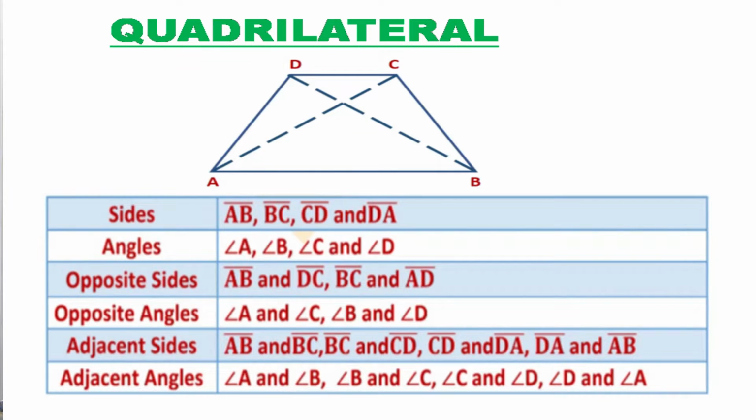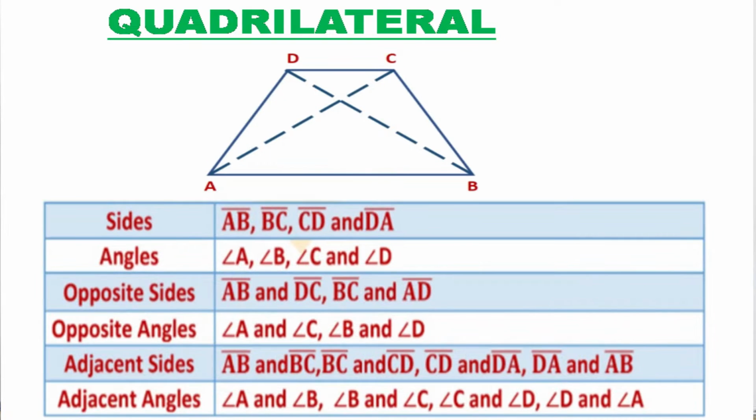Let us see the second figure. The name of the quadrilateral is ABCD, and let us name the sides. The sides are AB, BC, CD and DA. And because they are line segments, we have used the symbol for line segments to denote the sides. The 4 angles are angle A, angle B, angle C and angle D. Opposite sides are AB and DC, and another pair is BC and AD.